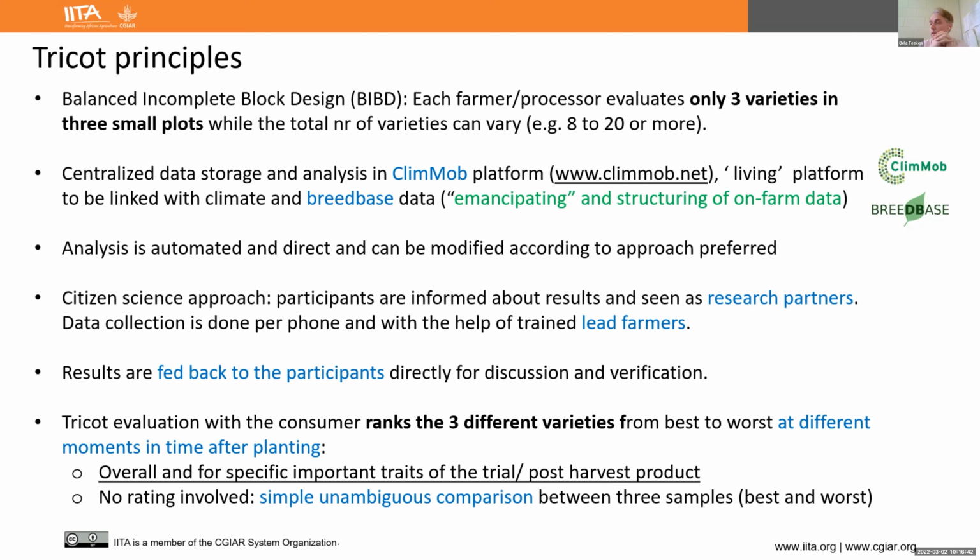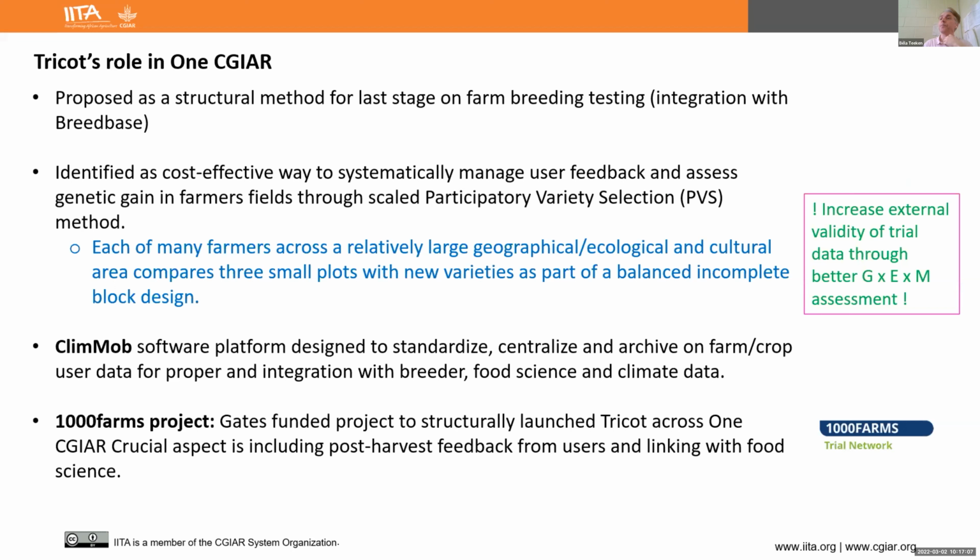And then the third one is automatically in the middle. And you do that also for specific traits, for the specific traits that have been determined as being important among farmers. And so there's no rating involved. It's not like trying to score on a scale of 1 to 10 or something like that. It's really a comparison between concrete samples.